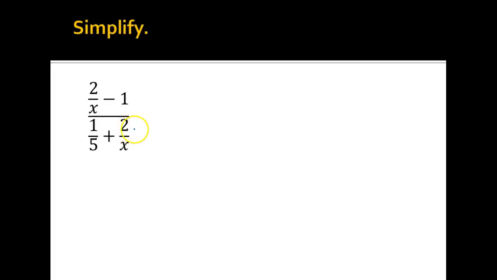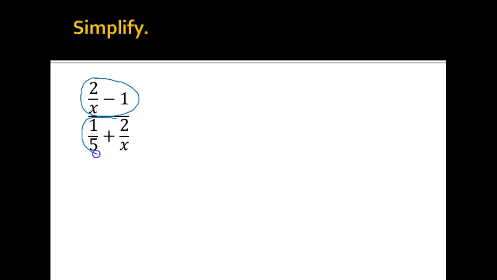All right, let's get down to some fun math here. Simplify. What we have going on here is an expression in the numerator that is a subtraction problem, and it involves subtracting a number that's a fraction and a number that's not a fraction.